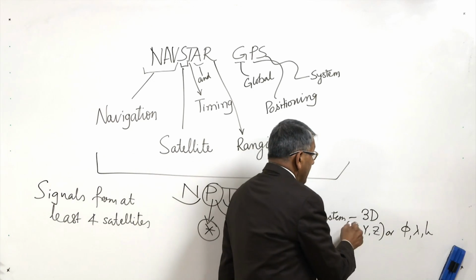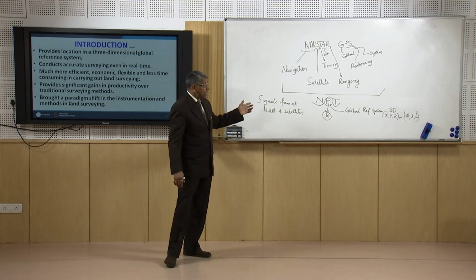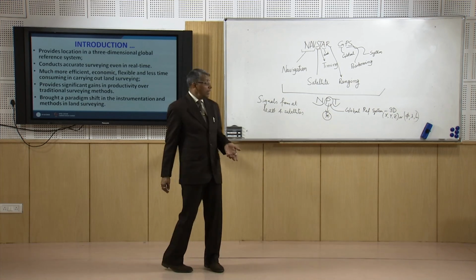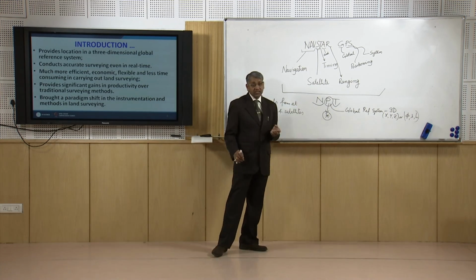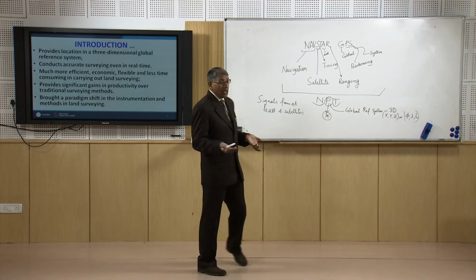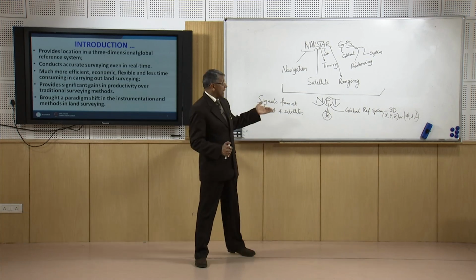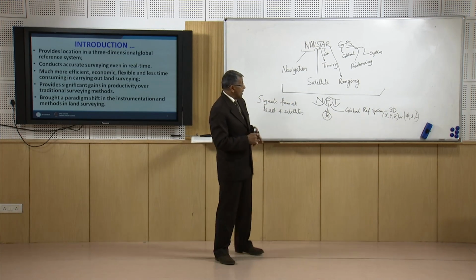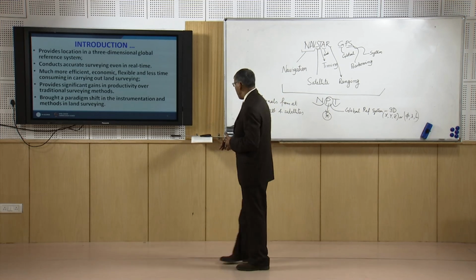So we can see that the system is easily available, and it provides the position quite simply and economically, and that is the reason we are looking at this system for the establishment of our control points.